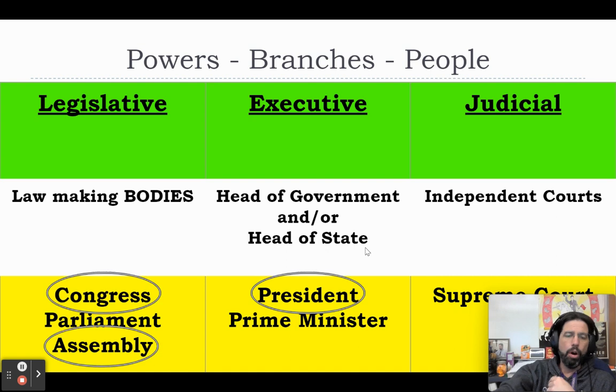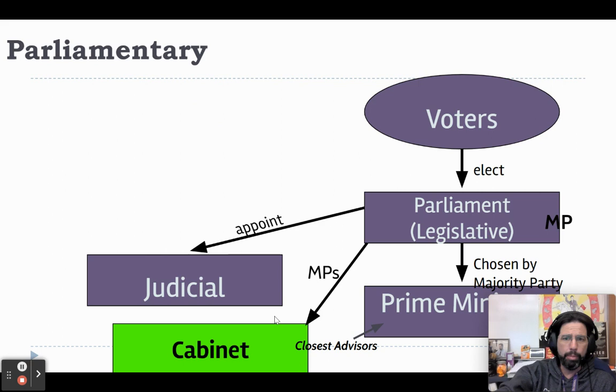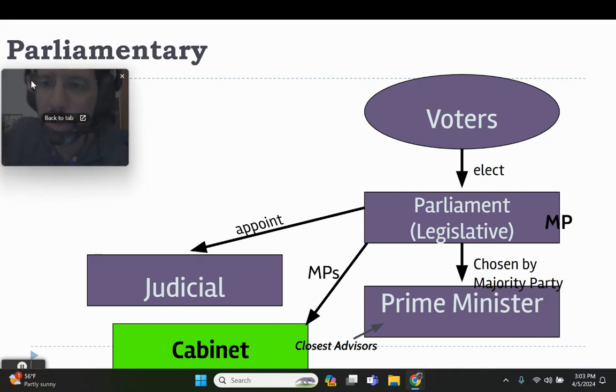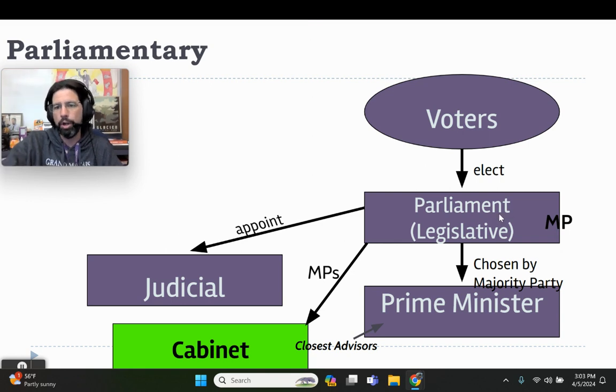Okay. Now, our focus today is going to be on Congress or National Assembly if you're in Nigeria, and the president. And remember that last time we had the parliamentary systems, we had the voters who elect parliament. Parliament, the majority party chooses the prime minister.